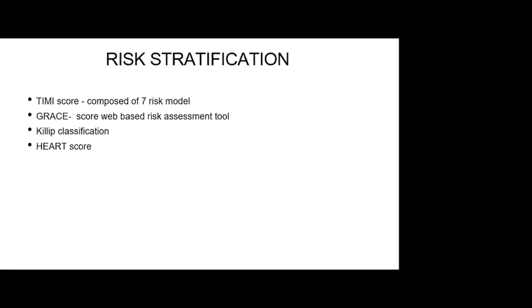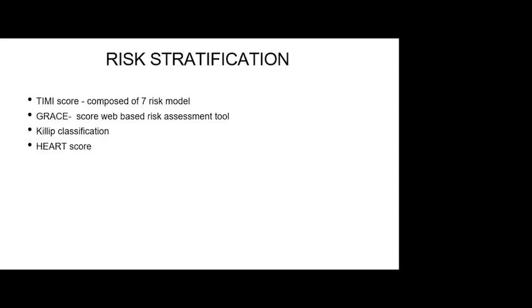Once you diagnose, you have to have risk stratification. Why is this important? This risk stratification predicts in-house and 6-month mortality, cardiac mortality. If the mortality is higher, you need more invasive or early invasive management.